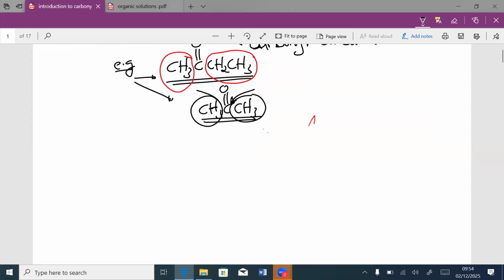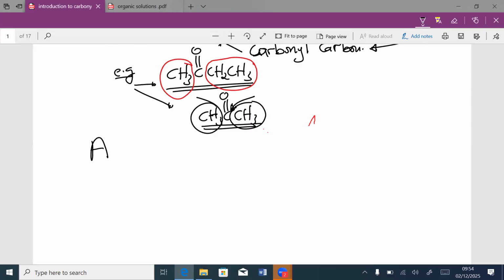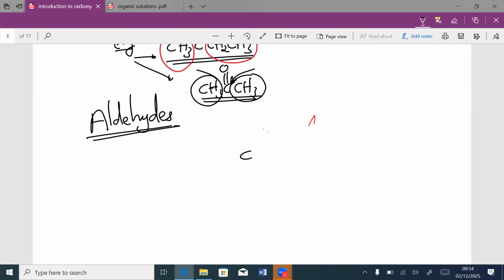After ketones, let's look at the aldehydes. Aldehydes also have this as their functional group. However, for aldehydes, we have one alkyl group.